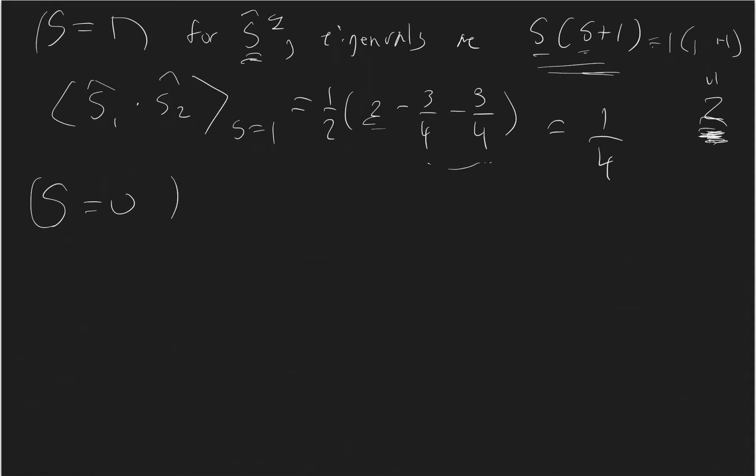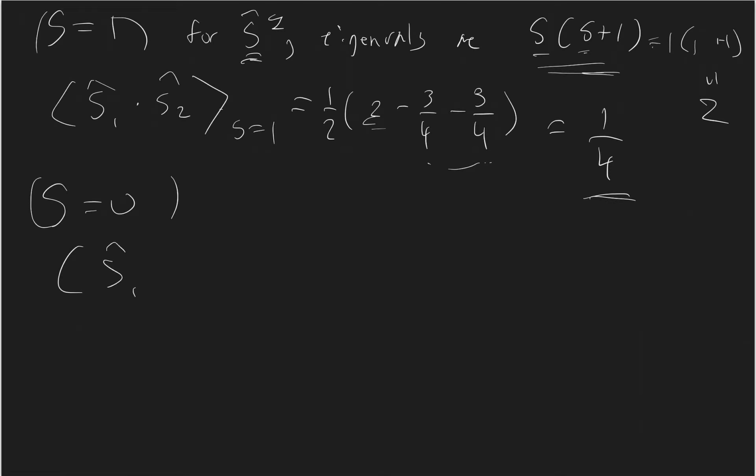Okay, sorry. The eigenvalue of the scalar operator here is simply going to be 2. And so the eigenvalue of this operator, where S is equal to 1, you should be able to get just 1/4. So this result is correct for the scalar product operator.